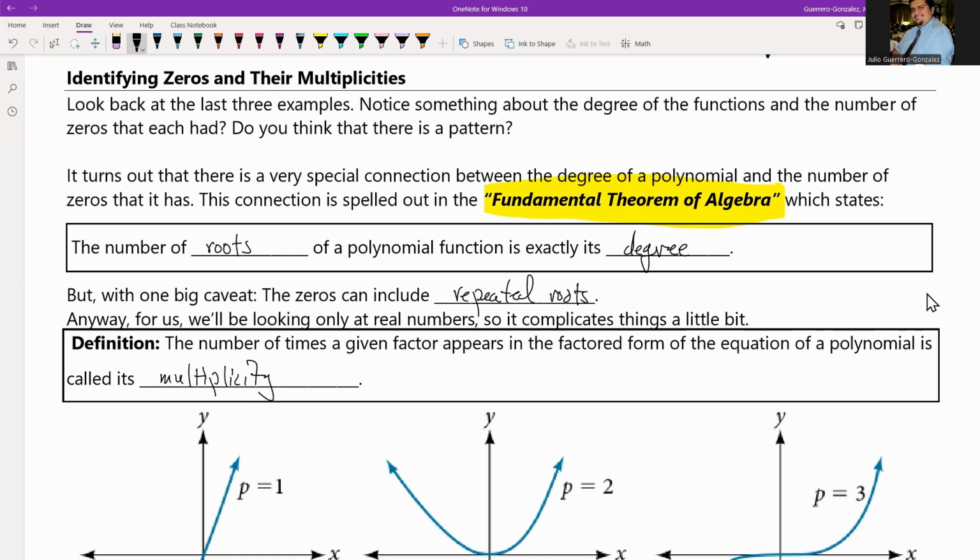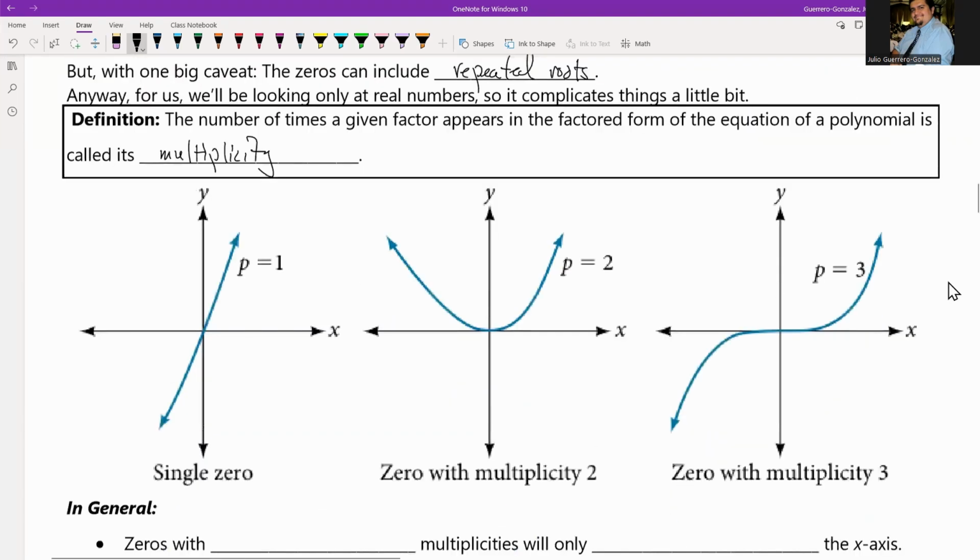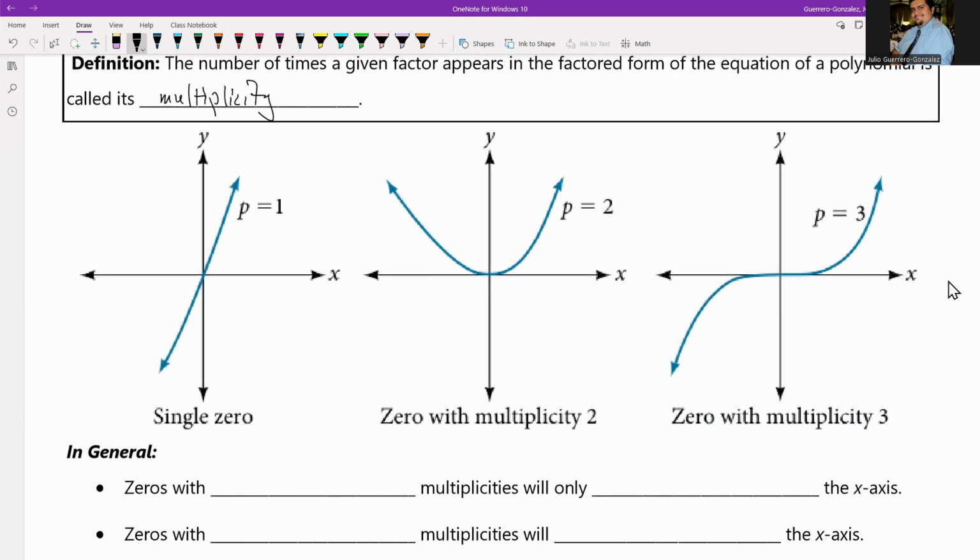Something pretty nice happens when you talk about multiplicities. Single zeros, single roots, will look like this. It'll just flat out cross with a nearly straight line. Zeros, roots with multiplicity of 2 will look like this. They will bounce off.